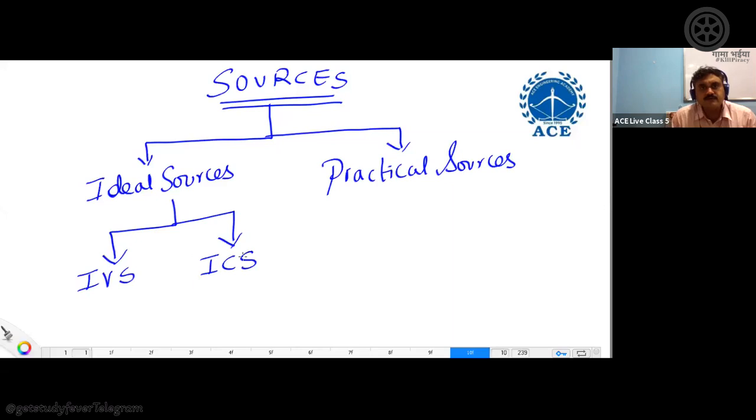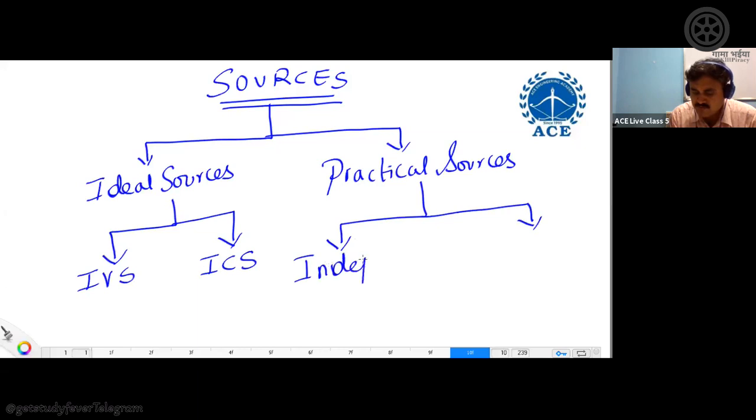IVS is ideal voltage source, ICS is ideal current source. Under practical sources, broadly again we have 2 parts. One is called independent sources and another is called dependent sources.